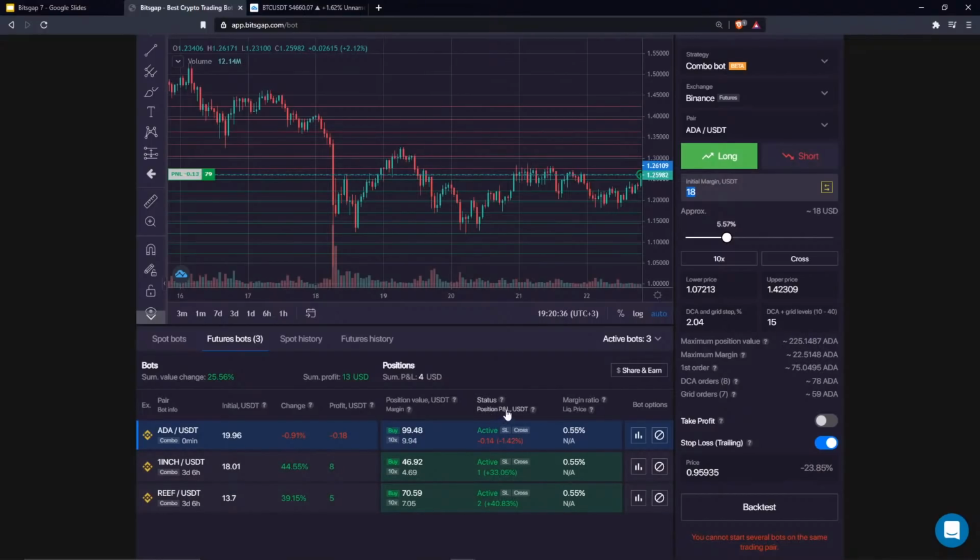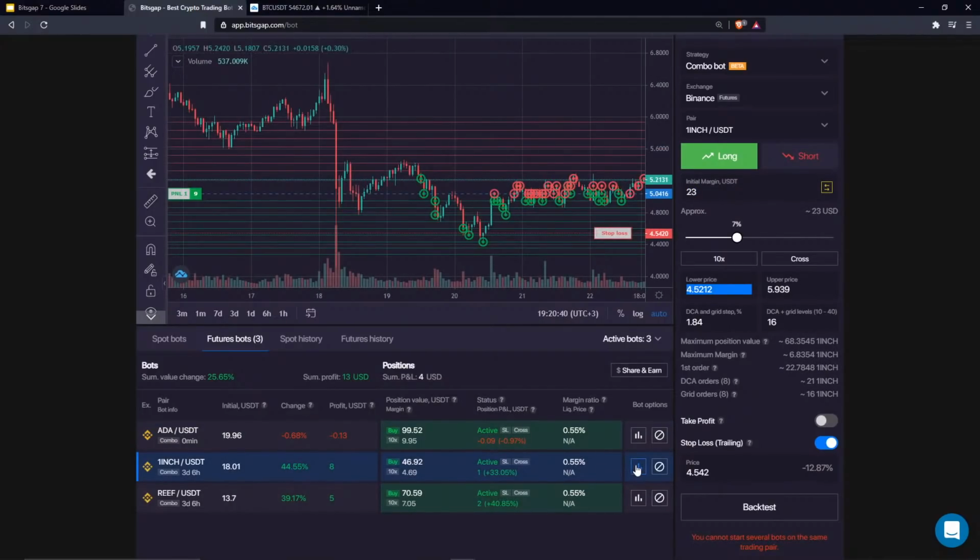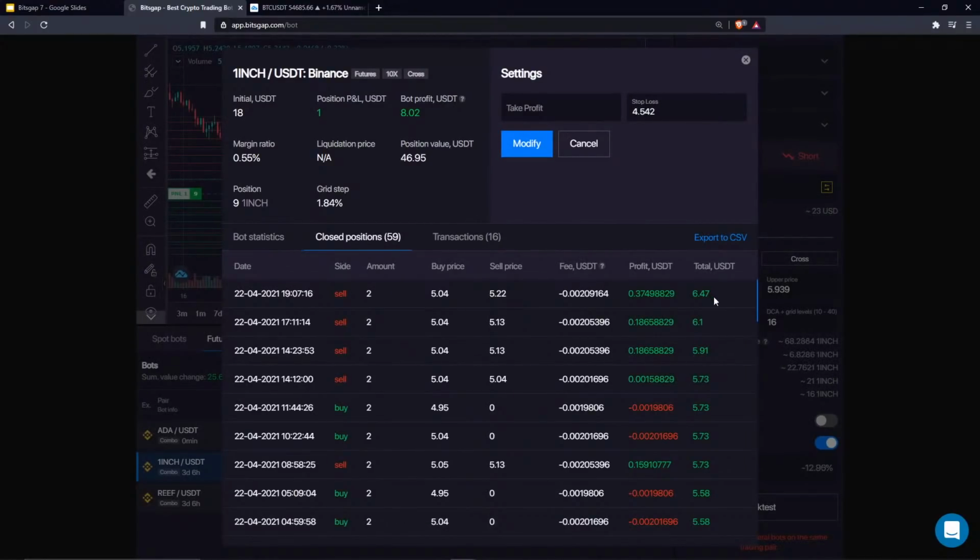current P&L. So if you go here, you see closed positions, the last profitable take from the market was exactly where my total sum profit is 6.47.